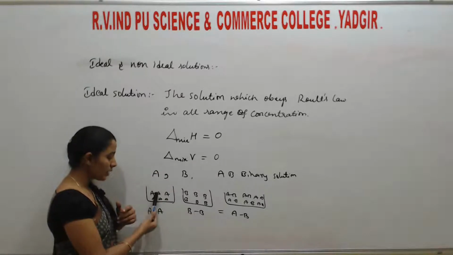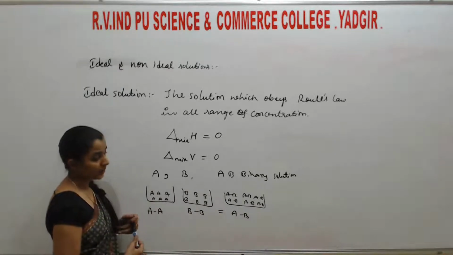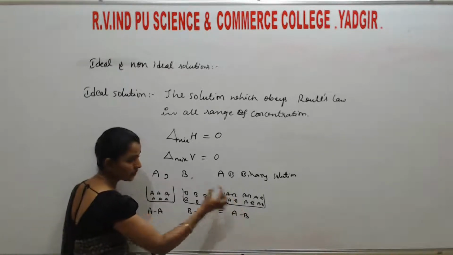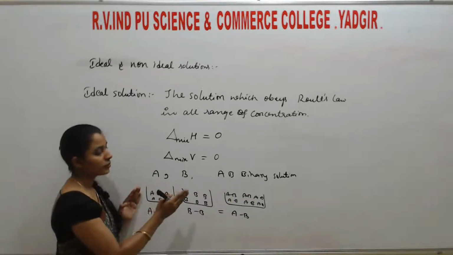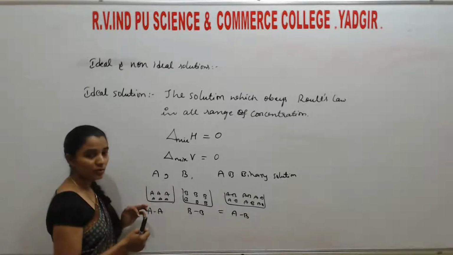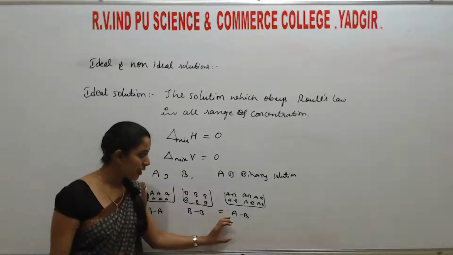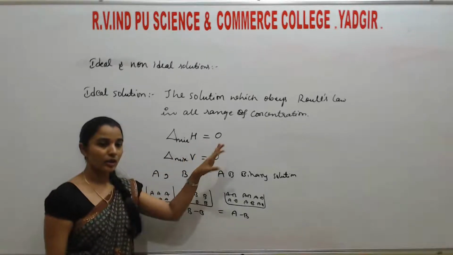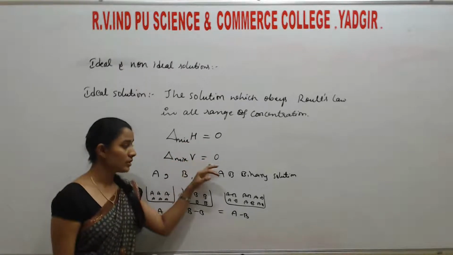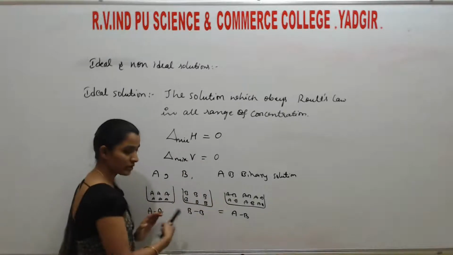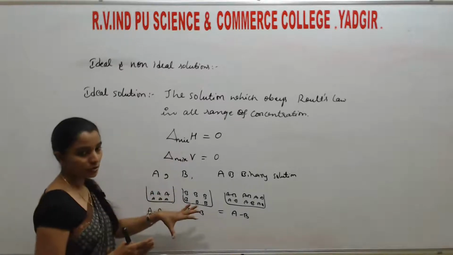If the interactions in the pure solvents are equal to the interactions in the binary solution, it is said to be an ideal solution. Because of this equality, there is no change in enthalpy or volume. So this is an ideal solution.